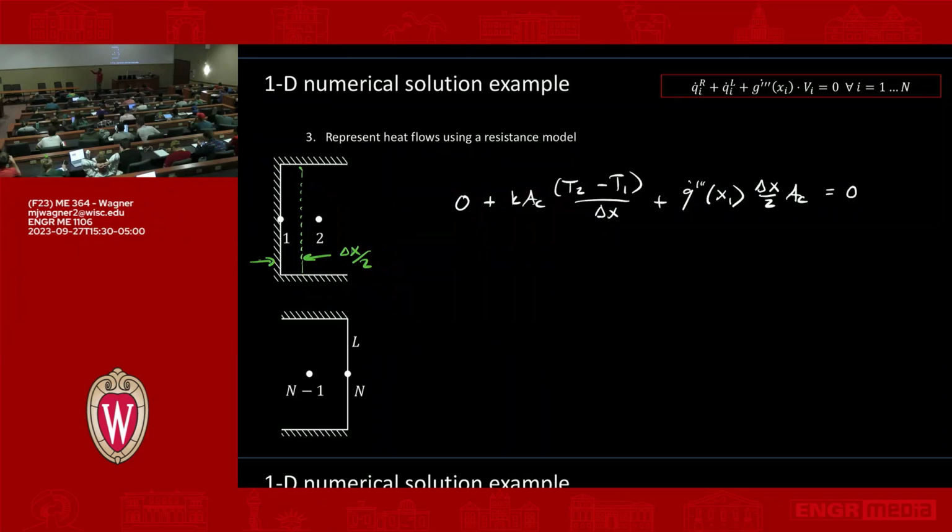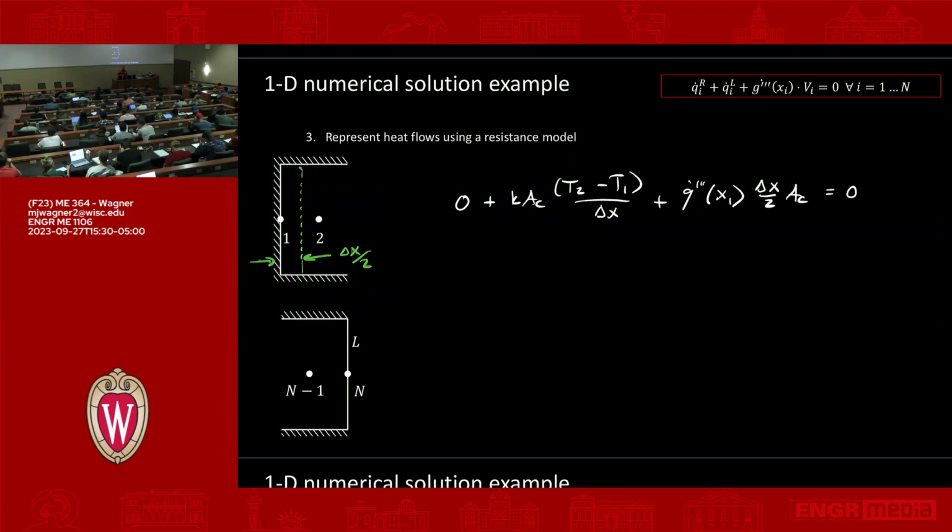If you had heat loss to the surroundings, like if this was a fin, you'd also have delta x over 2 involved in that area, the area that's convecting to the surroundings. So this is where people mess up the areas. Is it delta x over 2? Is it A_C? Is it A_S? All the different areas are involved.